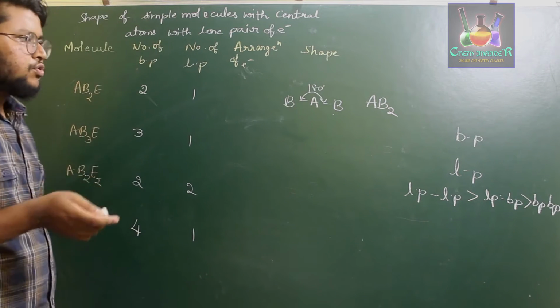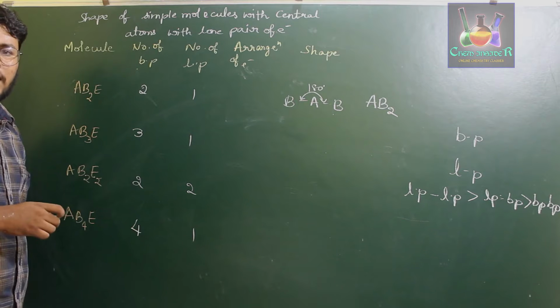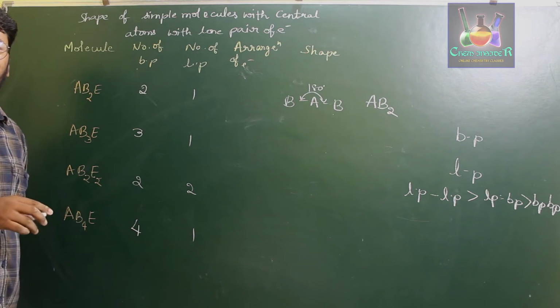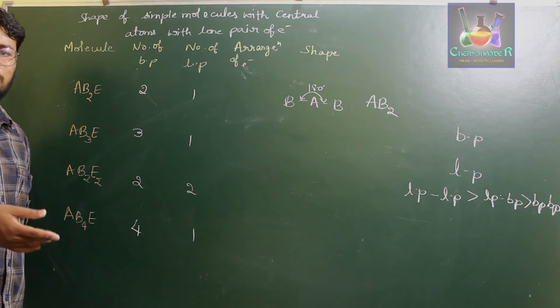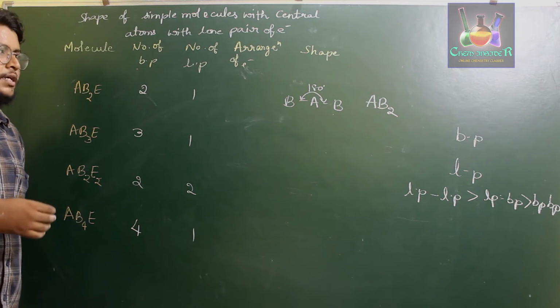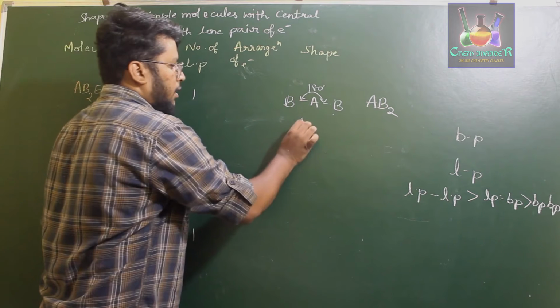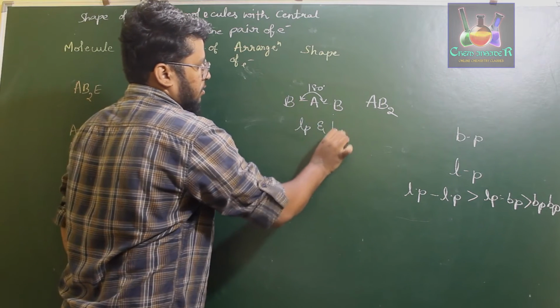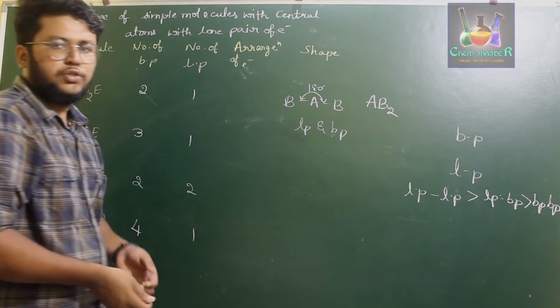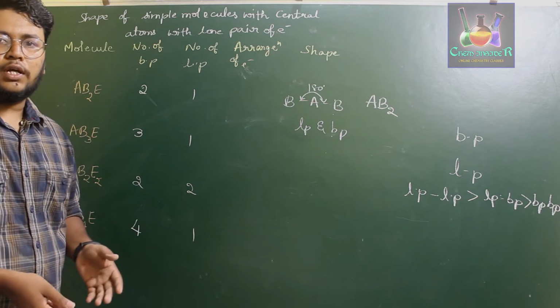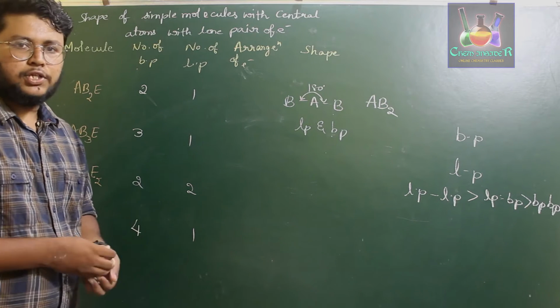Now the inclusion of a lone pair of electrons on this atom means the two bonds are not attracted towards the lone pair. They are repelled from it, because here we have a lone pair and bond pair situation, and lone pair-bond pair repulsion is much greater than bond pair-bond pair repulsion.